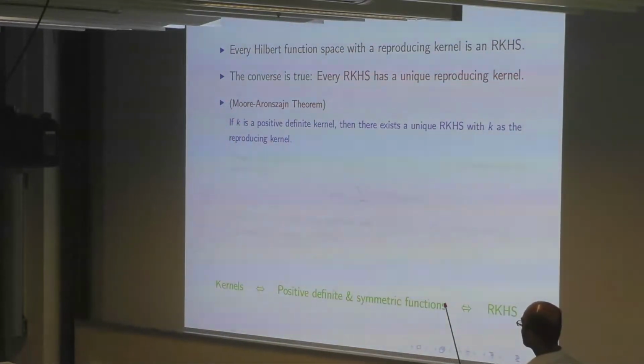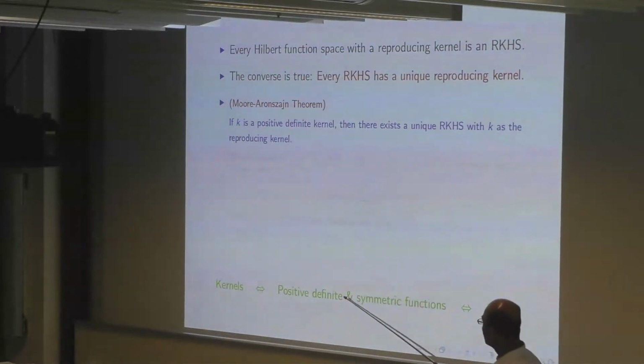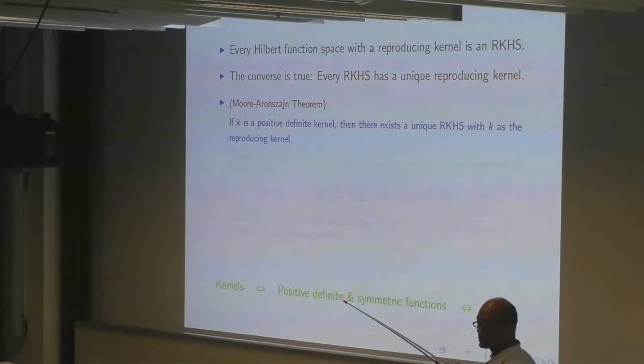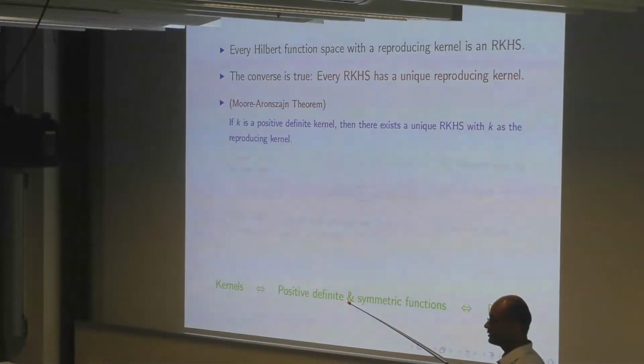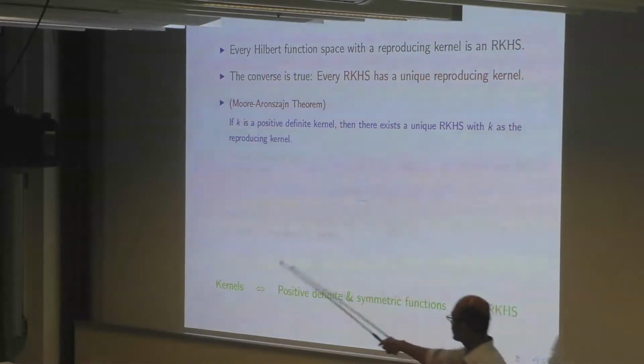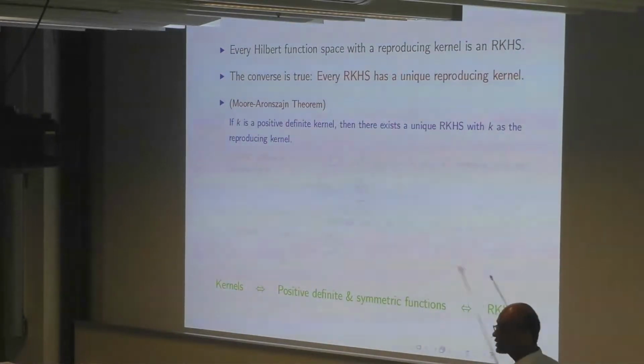It is essentially telling that if I have a bivariate function which is a positive definite kernel, it is also a reproducing kernel. And I know there is a one-to-one map between reproducing kernels and RKHS. Okay? And the reproducing kernels in RKHS are also kernels. So that's how this entire loop is kind of completed.